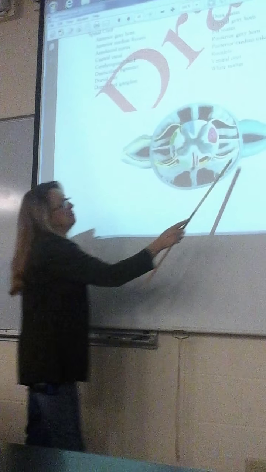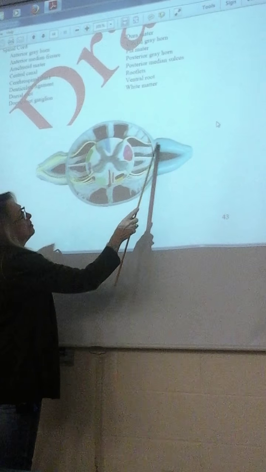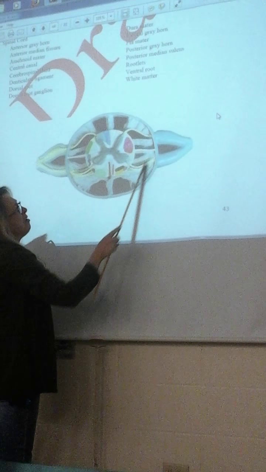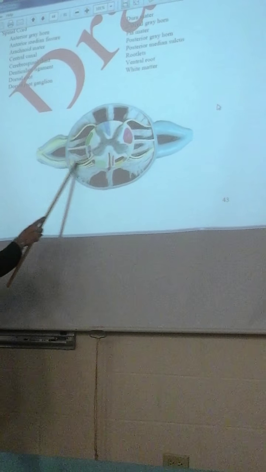Now, if these are called roots, what do you think these little parts that go to the roots are called? The little yellow things? They're rootlets. So what do you think they are? They're probably axons. They're just little rootlets that will join together to make the root.